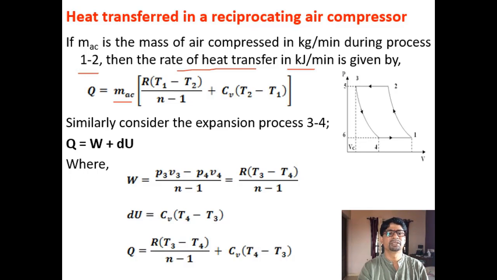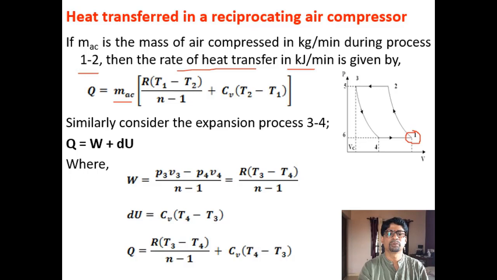So here m_AC is the mass of air compressed in kg per minute. Suppose if you take it in kg per second, then you will get it in kilojoules per second. Now the mass of air compressed here, m_AC, should be calculated at the inlet condition 1.